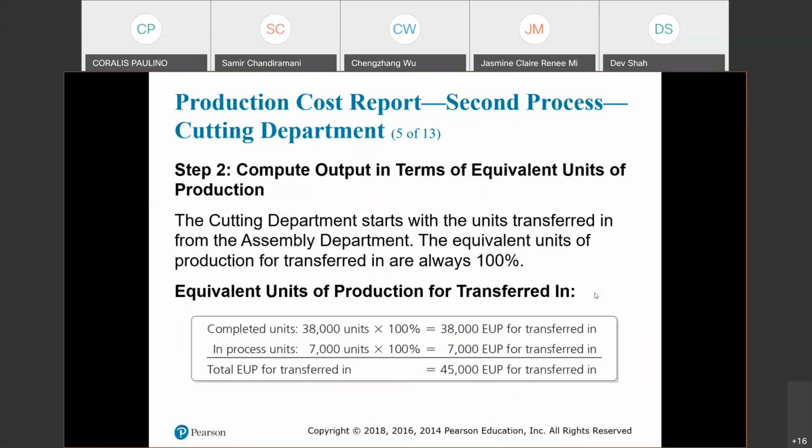That's why it receives the units transferred out of the first department. And, well, these units are transferred in units. The equivalent units of production for transferred in units are always 100%. Always 100%.